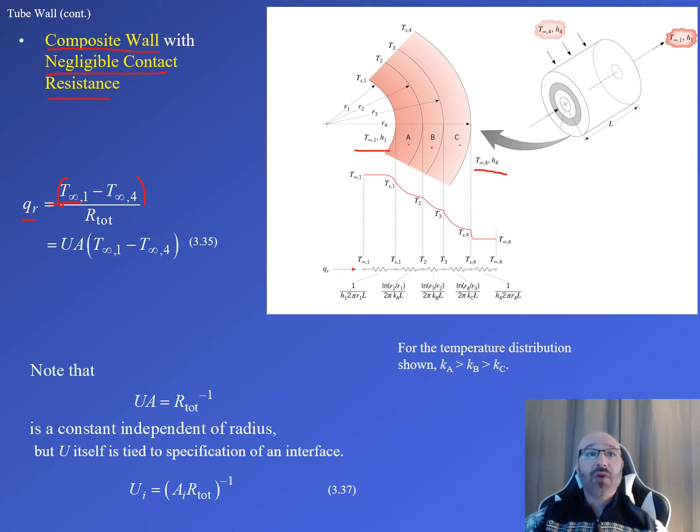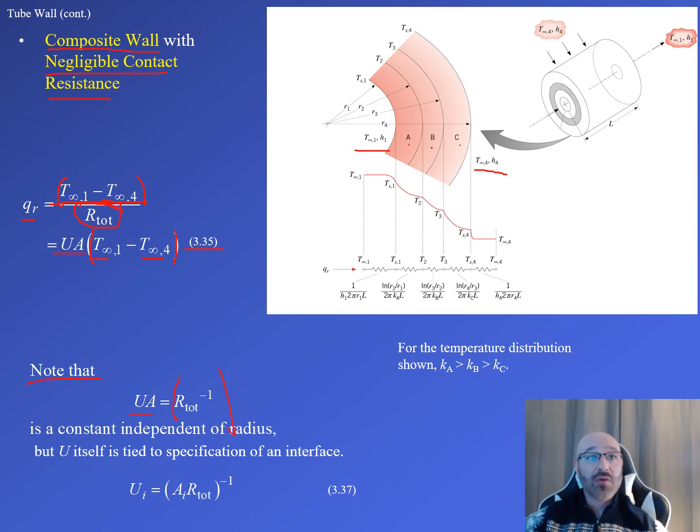Now we can see this is all divided by our total thermal resistance right here, our R total. Now recall we do have a relationship between R total and U, so we can substitute that in. This equation 3.35 in our textbook then becomes UA times that temperature difference between our inner T infinity 1 fluid temperature and our outer T infinity 4 fluid temperature there. Now recalling that relationship right here, U sub A is equal to 1 over R total.